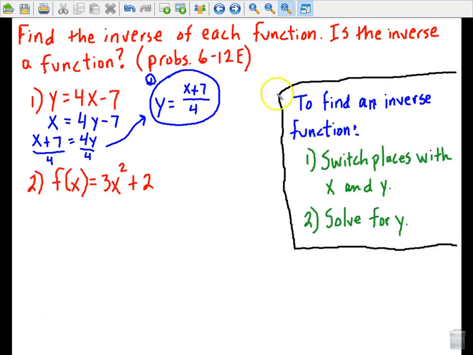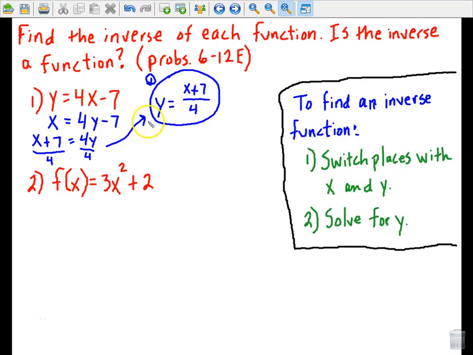Is the inverse a function? In class, I went through an elaborate description using graphs, but I think I'll cut this a little bit short. I'm just going to put it to you this way. If you are given the equation of a linear function, which is what the red represents, it's a linear function, has a y-intercept of -7 and a slope of 4.